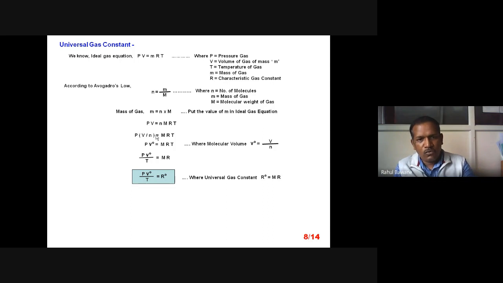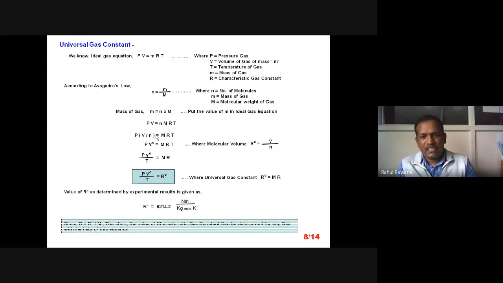So we come to know PV0 upon temperature is equal to R0. In this case, R0 is the universal gas constant, and simply R is the characteristic gas constant. The universal gas constant has a value of 8314.3 Newton meter per kg mole Kelvin.